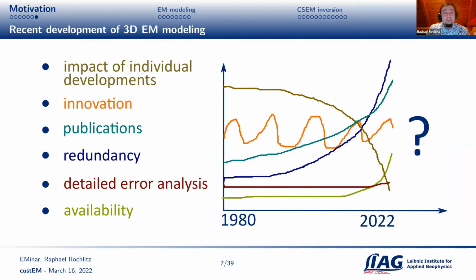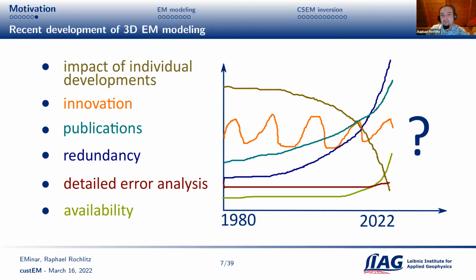I thought about providing a similar table to the state of research in 2022, but it's pretty tough to fill such a table because we have way more publications in the most recent years, and with these way more publications, I think also the redundant content is increasing, and the impact of our individual developments is going down.